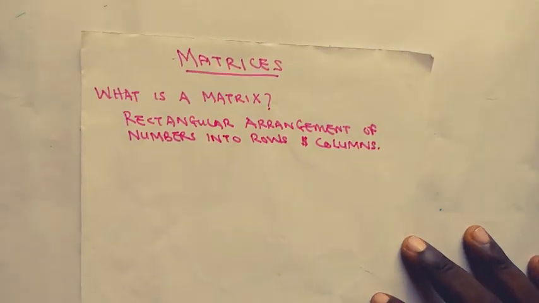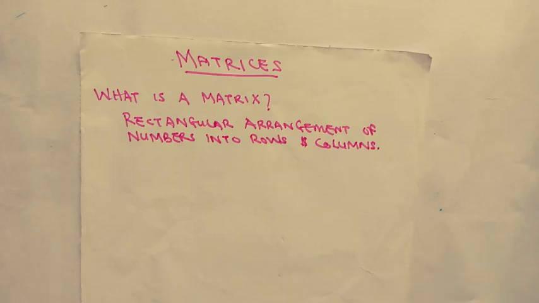So basically, the most basic definition, a matrix is a rectangular arrangement of numbers into rows and columns.